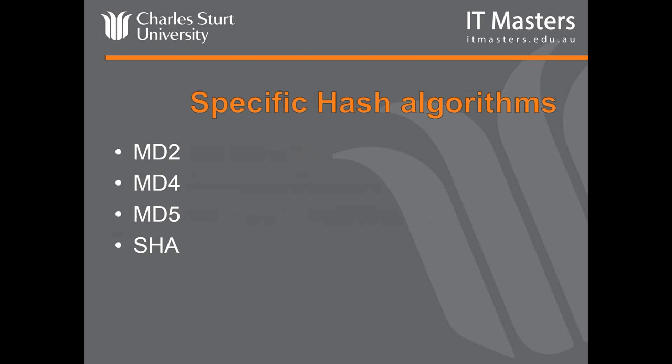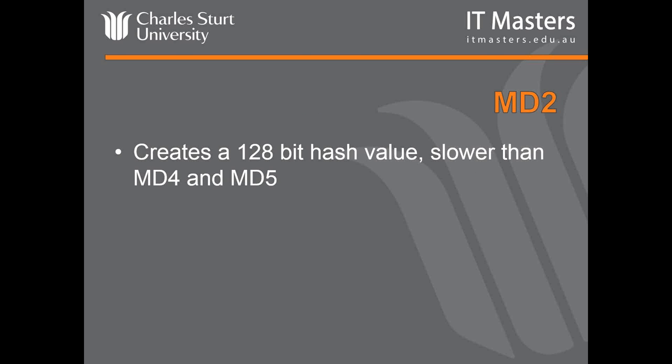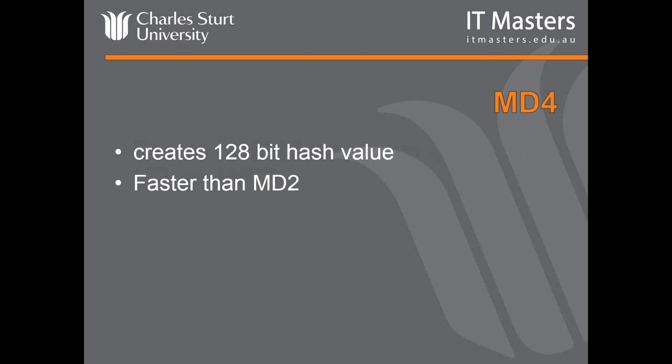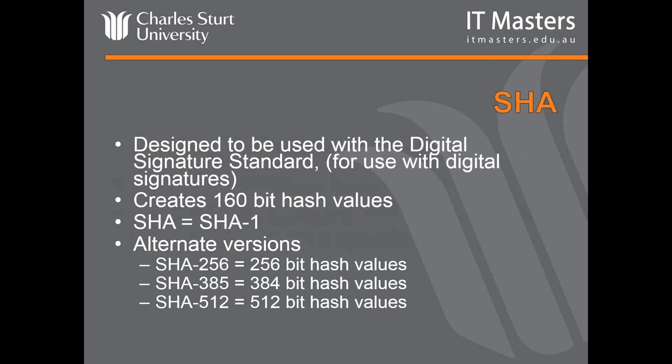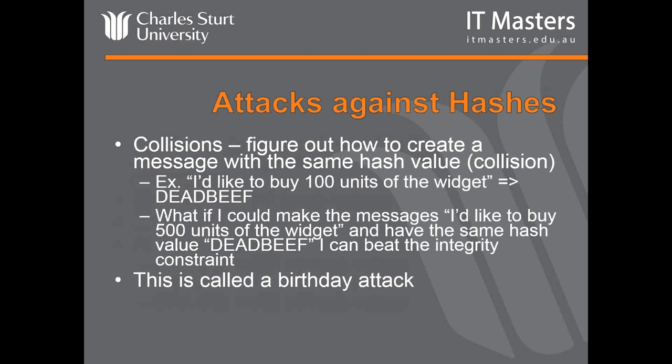You need to know a few different specific hash algorithms: MD2, 4, 5, and SHA of the various types. MD2 is 128-bit, MD4 is also 128-bit, MD5 is a 128-bit hash, and SHA has different types, SHA-256, SHA-3, etc., various values out there, from 160 up to 512-bit hashes.